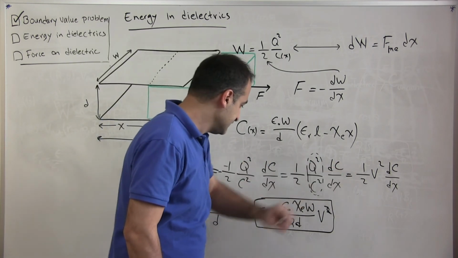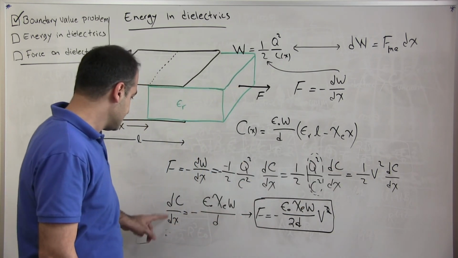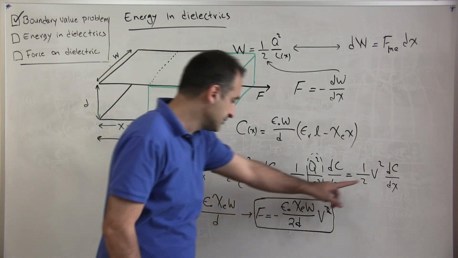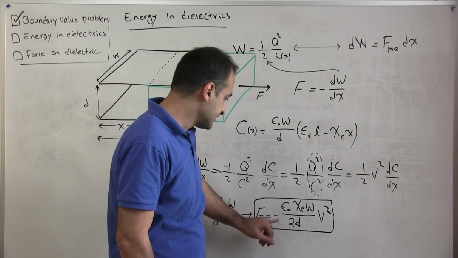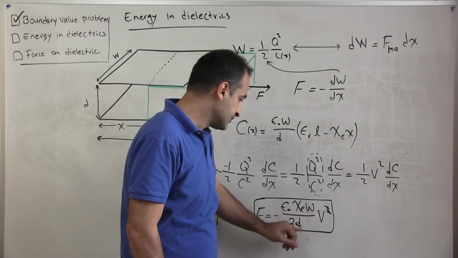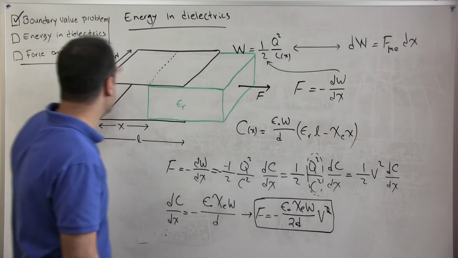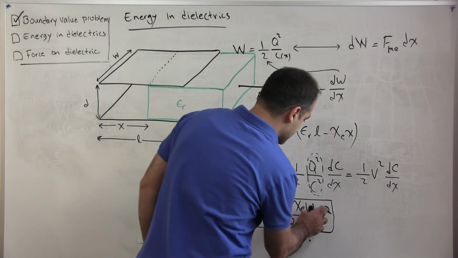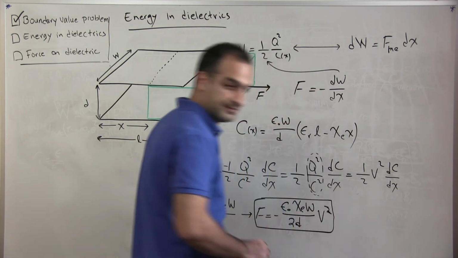So Q squared over C squared is V squared, and dC over dx, I just calculated this and put it back into the equation. So the force is negative epsilon naught chi e w over 2d times V squared. This w here is the width, d is the separation, and V squared is the potential to the power of 2.